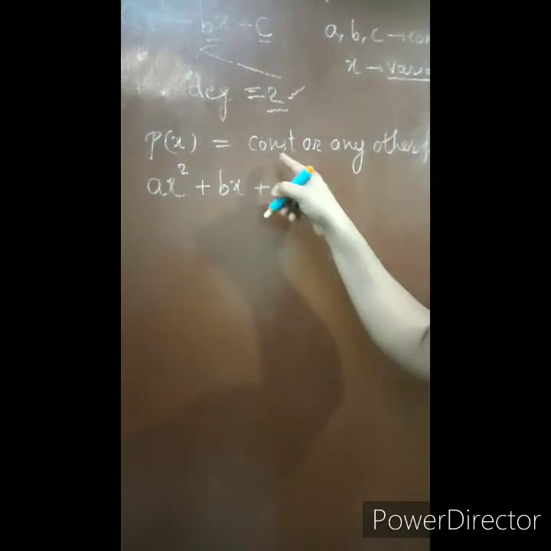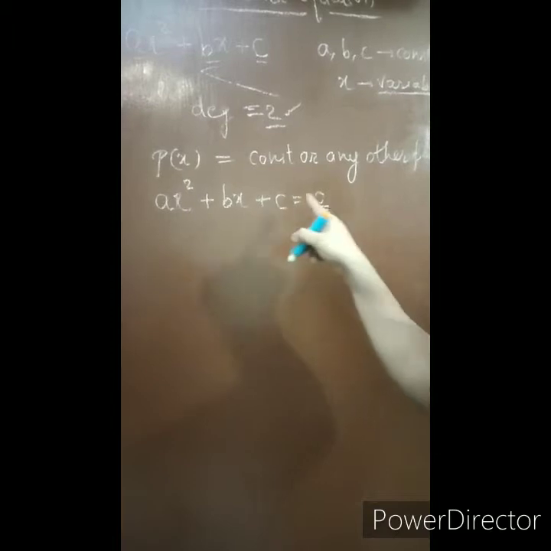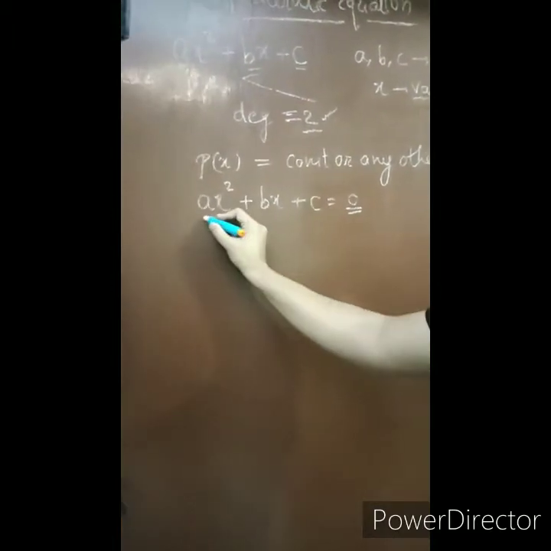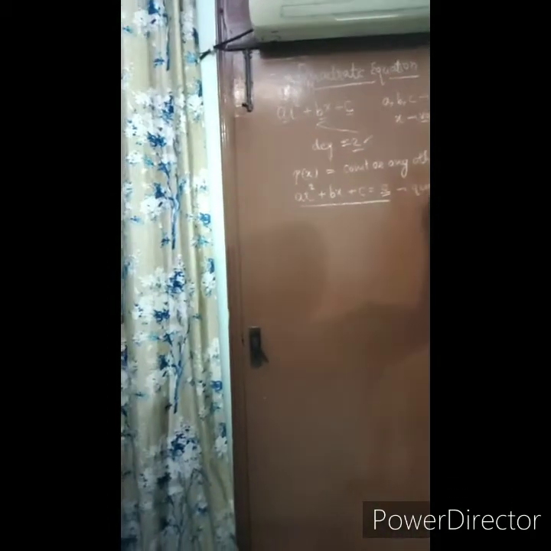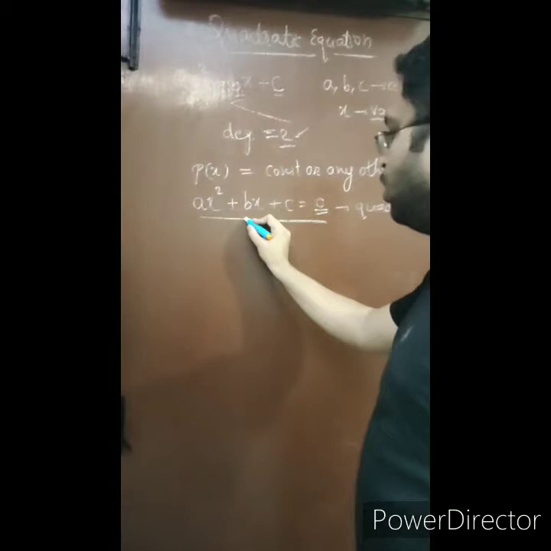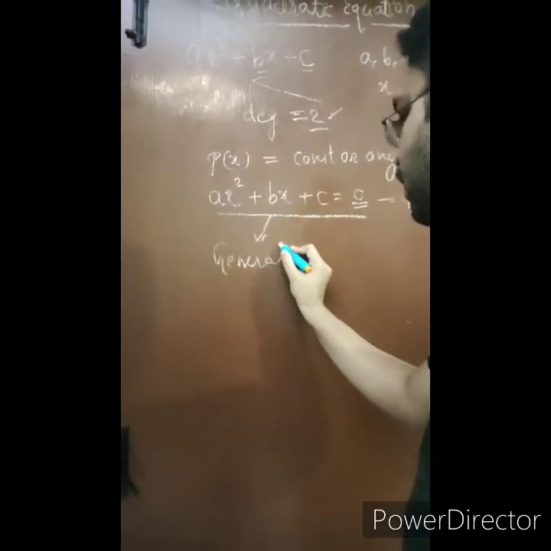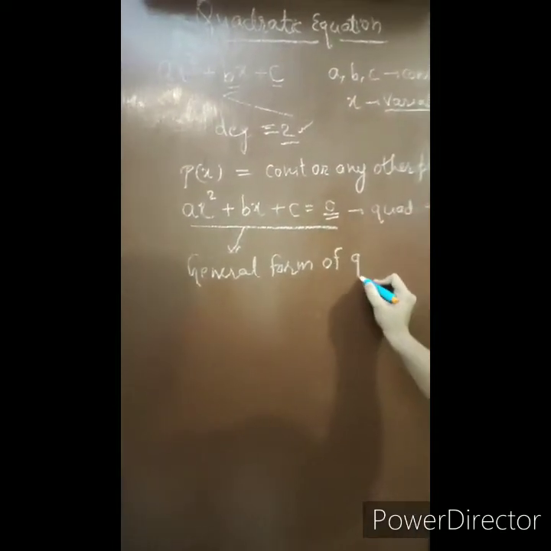Here 0 is known as the zero polynomial. So ax square plus bx plus c equals to 0 is a quadratic equation, and it is also known as the general form of quadratic.